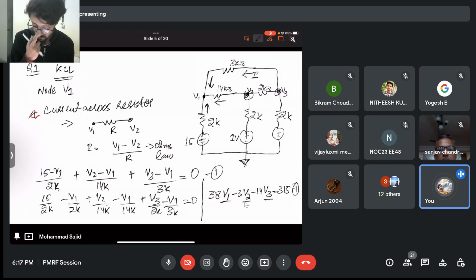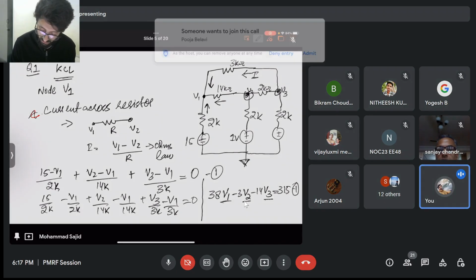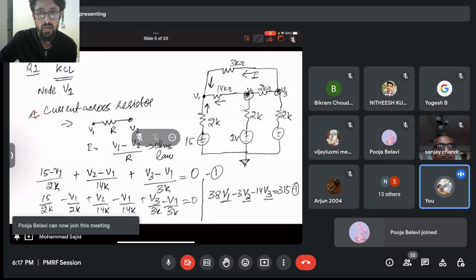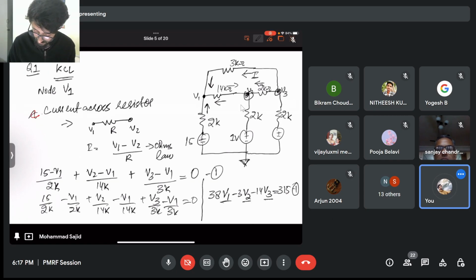Please have a note of this circuit. I will write the KCL at V2. Now the current, it depends on you how you define your current directions. I can define the current directions as all the currents coming to the node, or you can also define all the currents going away from the node.